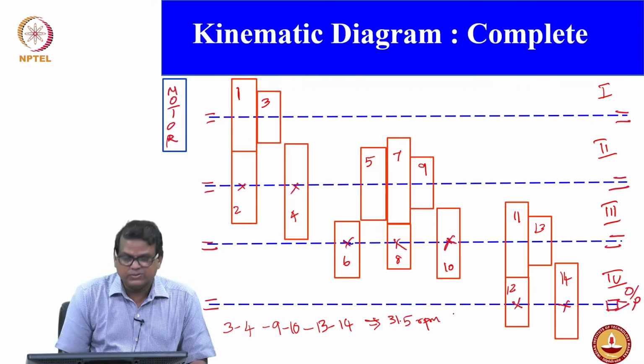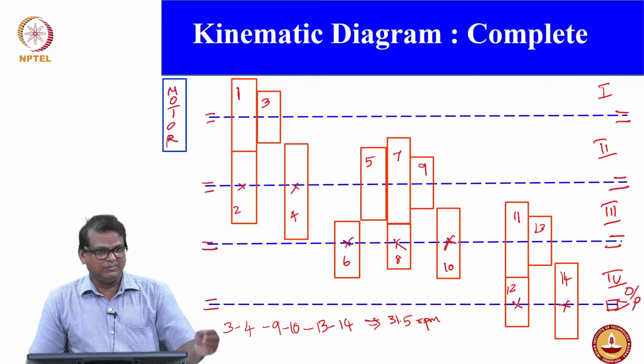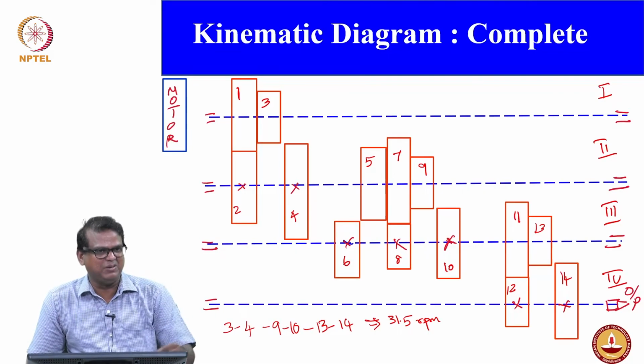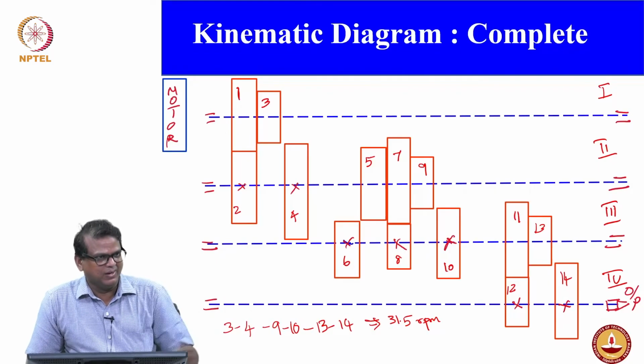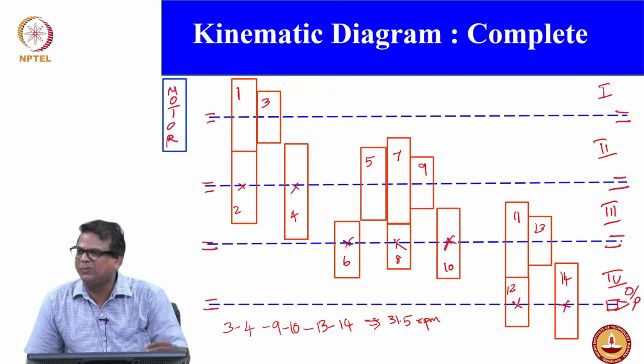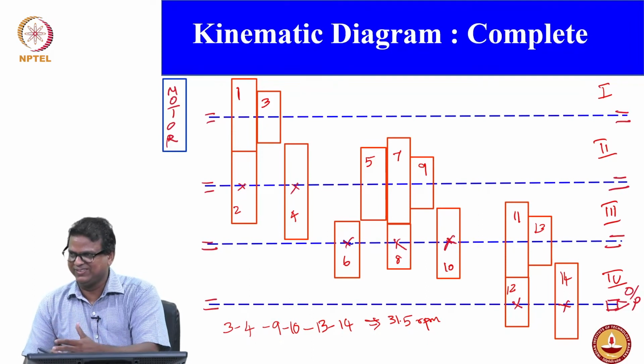Okay. So, can you check your ray diagram whether this is correct? If you follow the ray diagram, right. Now, are you able to understand why ray diagram, kinematic diagram are very important? The ray diagram will talk about the speed flow, the kinematic diagram talk about the gear mesh engagement, right, the power transmission, both are there.